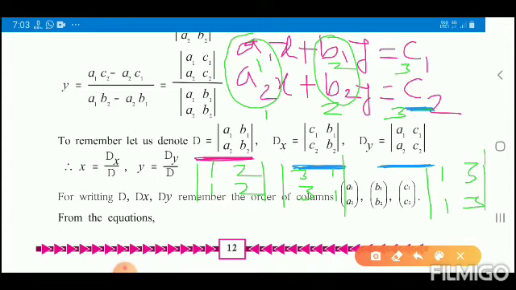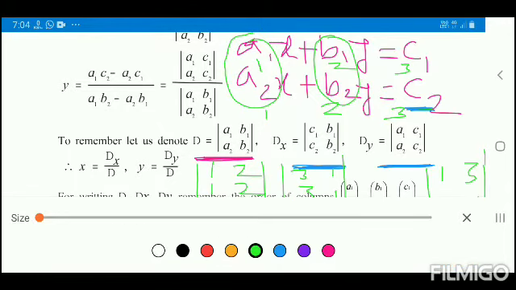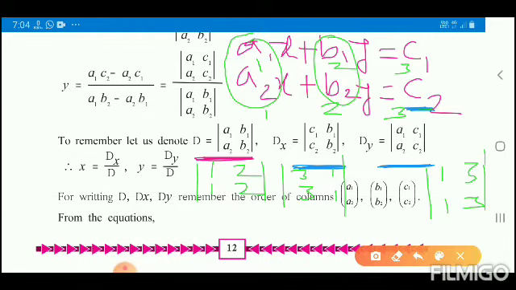Otherwise, one more method I will tell you: you can use Marathi letters for that. Like this you have to consider the third column by this name.